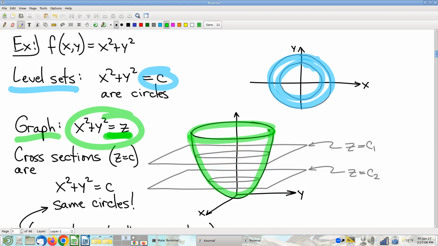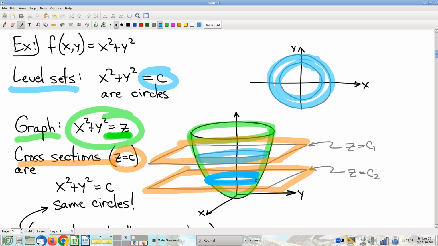Okay, so pausing for a second. Again, level sets and graphs, very different. Look how different they are. Right? Very, very different pictures. Graphs and level sets of the same function, totally different. But they are related. Again, if you take horizontal cross sections, namely you set z equal to c, you slice horizontally through here, then lo and behold, those slices are circles that look just like these circles up here.